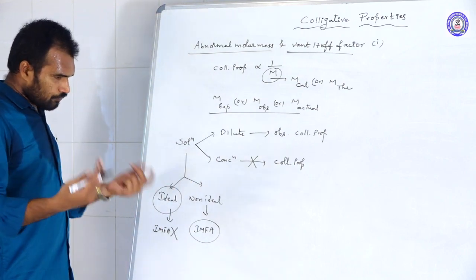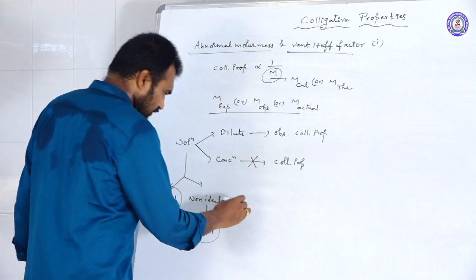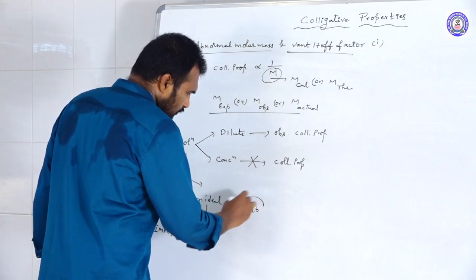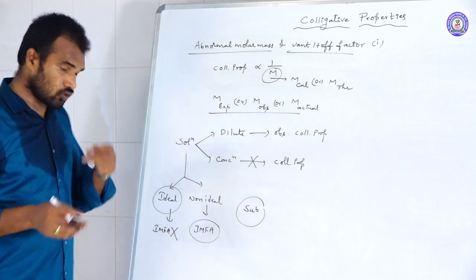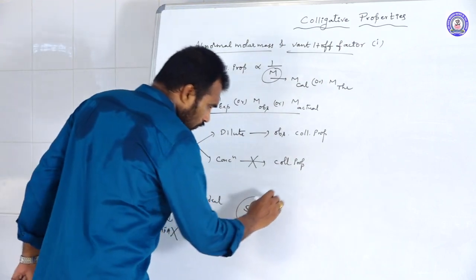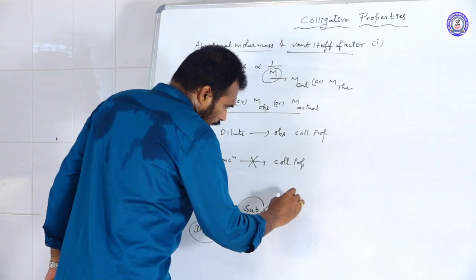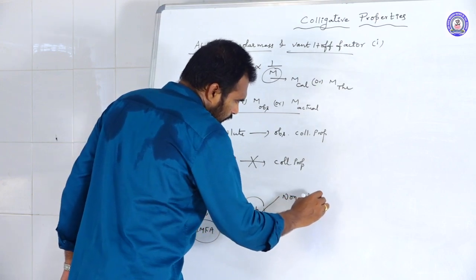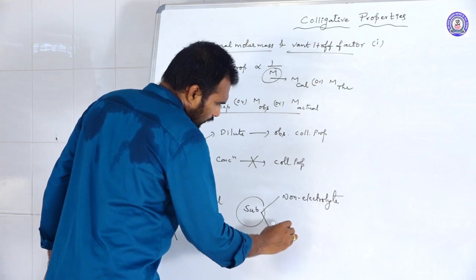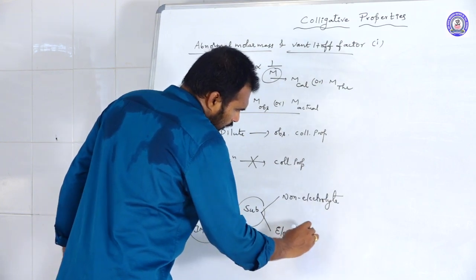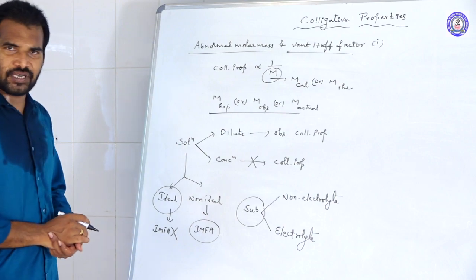Now coming to electrolytes. Just as solutions are ideal and non-ideal, substances are also of two types: non-electrolytes and electrolytes. What is the prime difference?